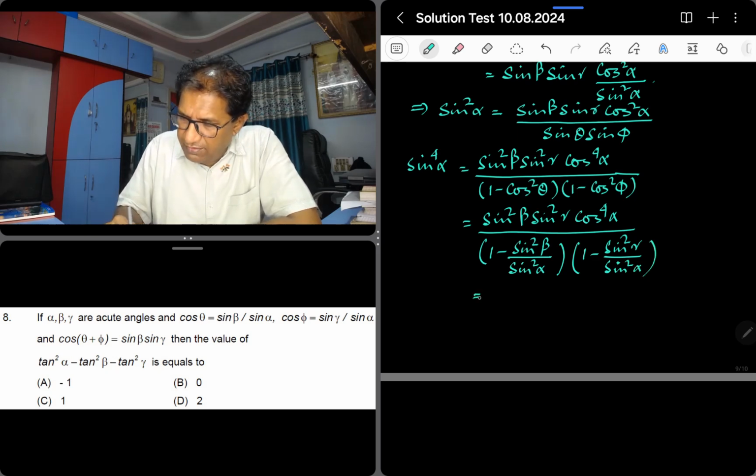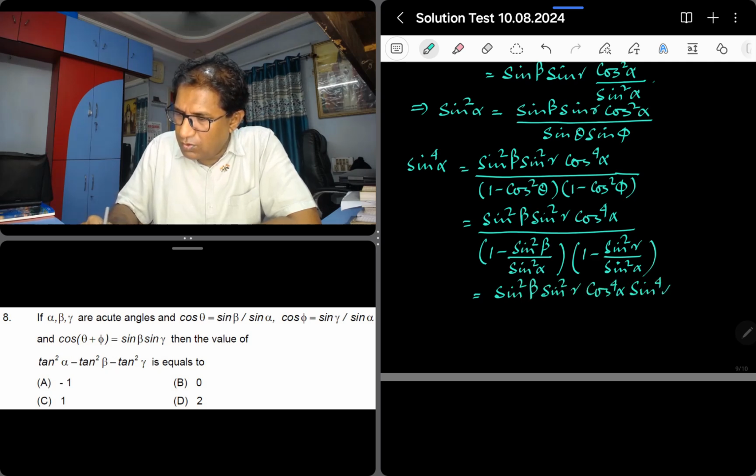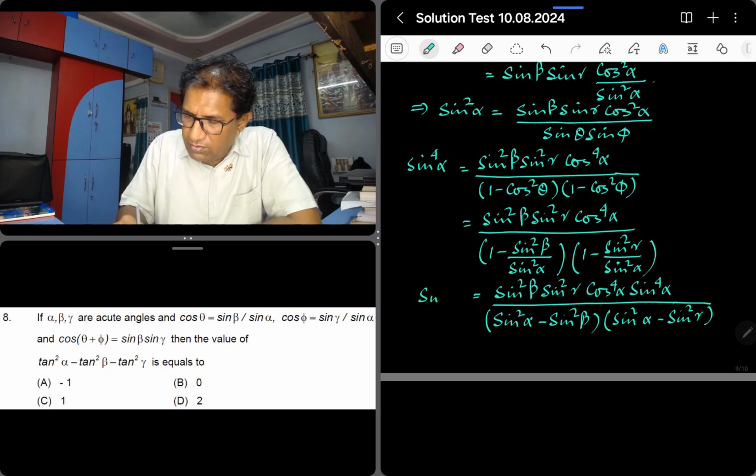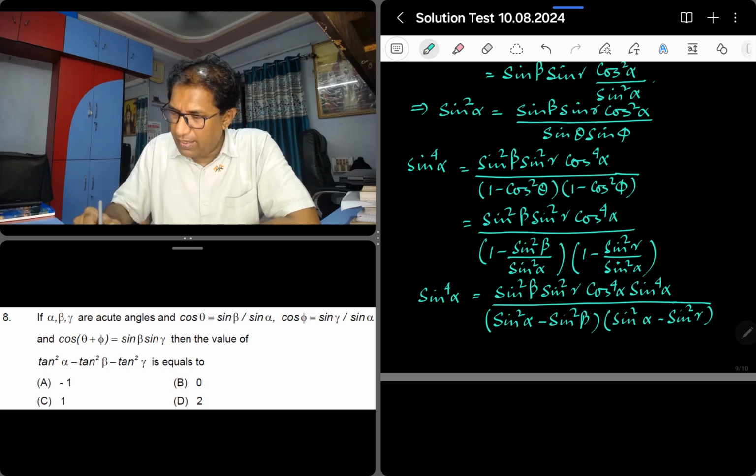So after simplifying, we are going to have sine to the power 4 alpha in the numerator divided by sine square alpha minus sine square beta into sine square alpha minus sine square gamma, right? Which is your sine to the power 4 alpha. And we can cancel this thing from both sides.